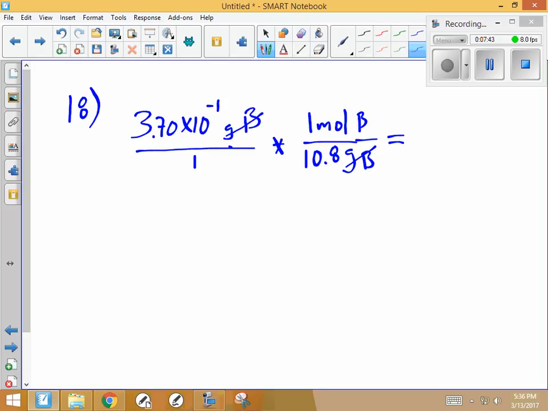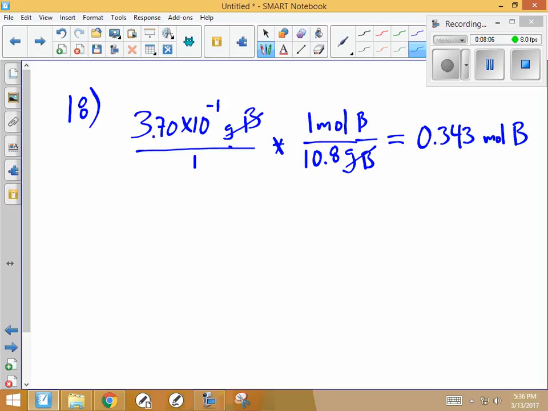We're left with 3.70 times 10 to the negative first divided by 10.8 equals 0.343 moles of boron. Now, did I keep the right number of significant figures?